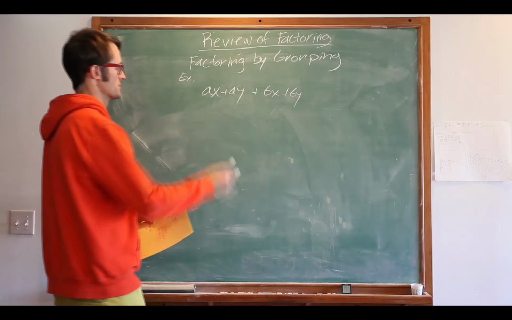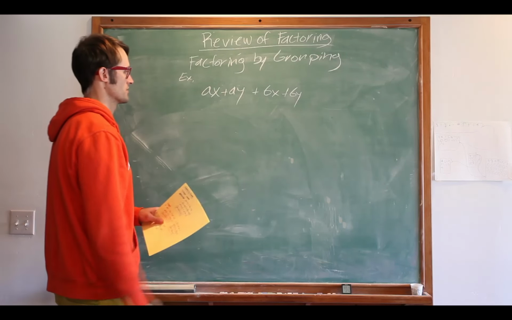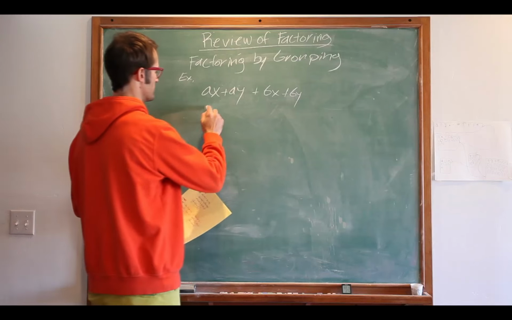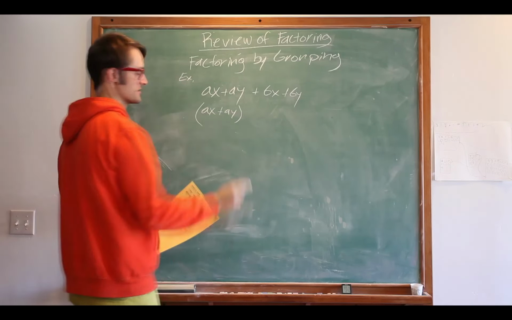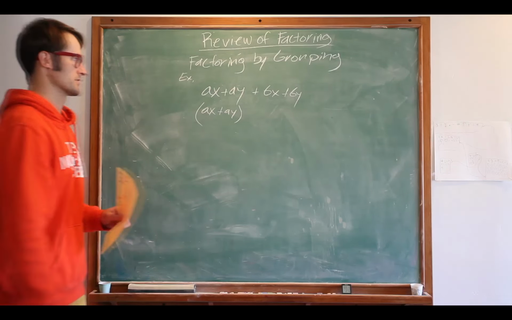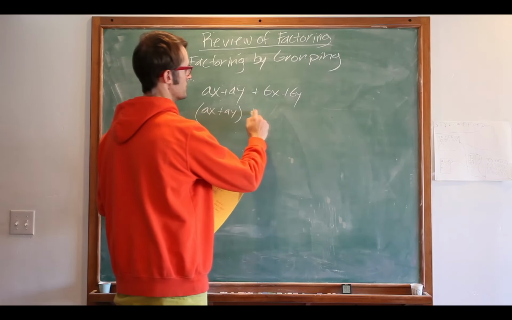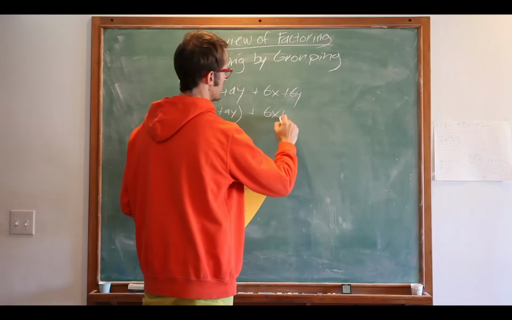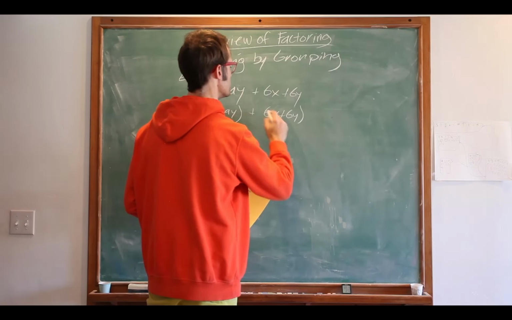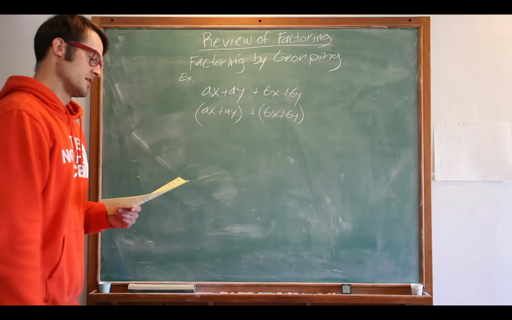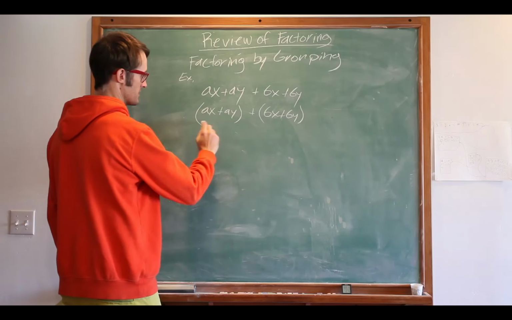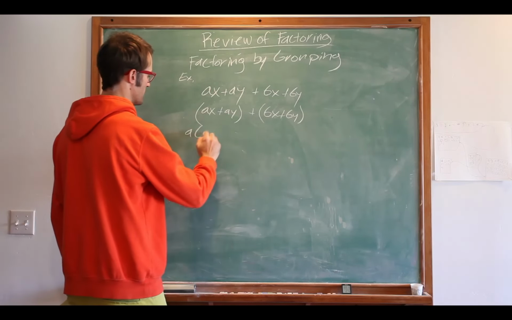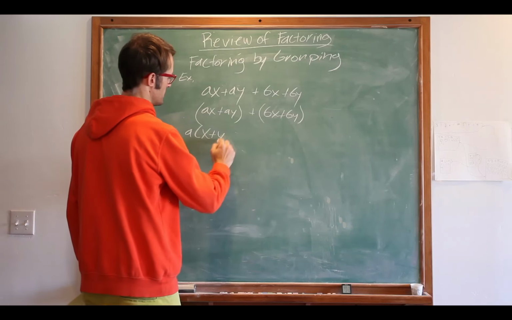Let's just put some parentheses around them to show you how to break it up. So first step, ax plus ay. This is just visual recognition at this point. Plus 6x plus 6y. And then obviously you can pull the a out of this: a times x plus y.